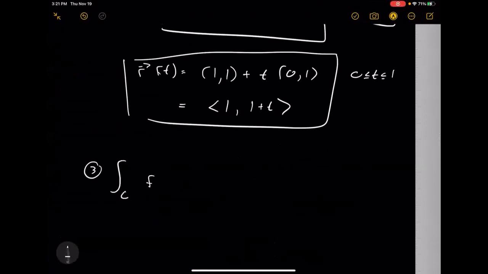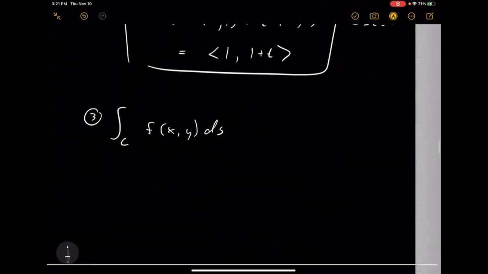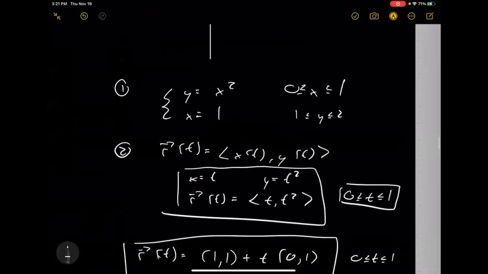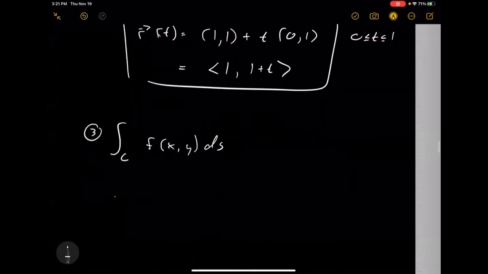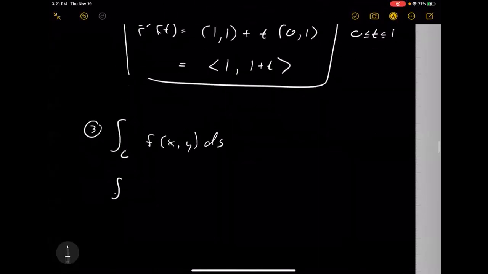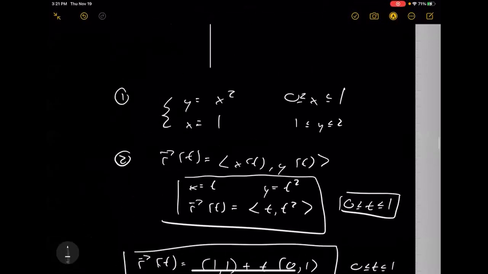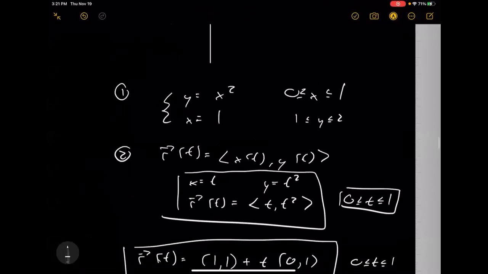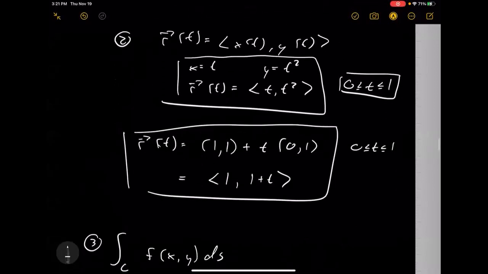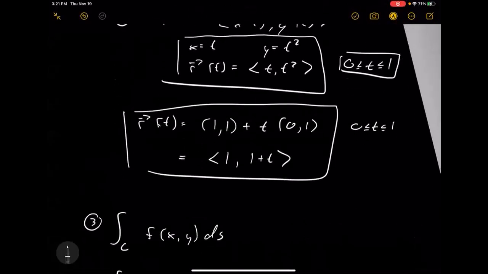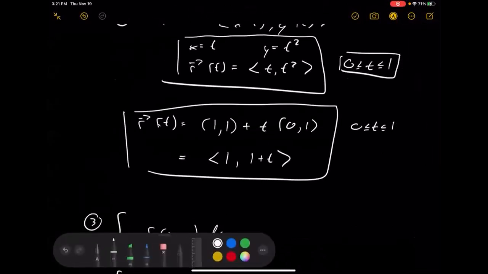We have f of x, y, ds, and I want the integral along my parabola. Let's go back up to that parameterization. First of all, what are my bounds for my integral? It's my t bounds. What are my t bounds for this piece? 0 to 1.